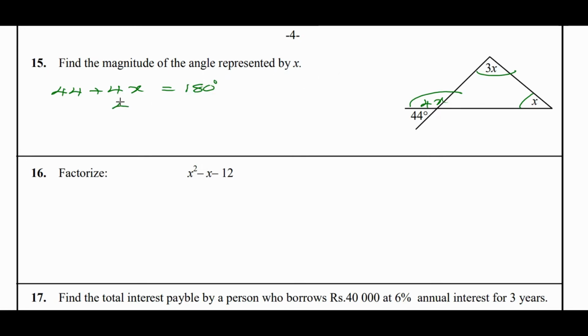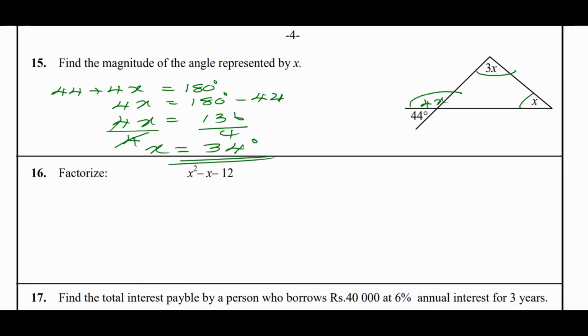Then 4x equals 180 minus 44. This will give 4x equals 136. Divide by 4, divide by 4, 4 will be cancelled. x equals 136 divided by 4, which is 34 degrees.